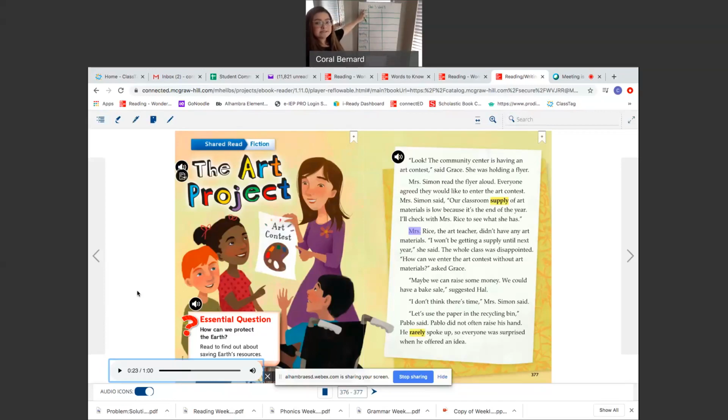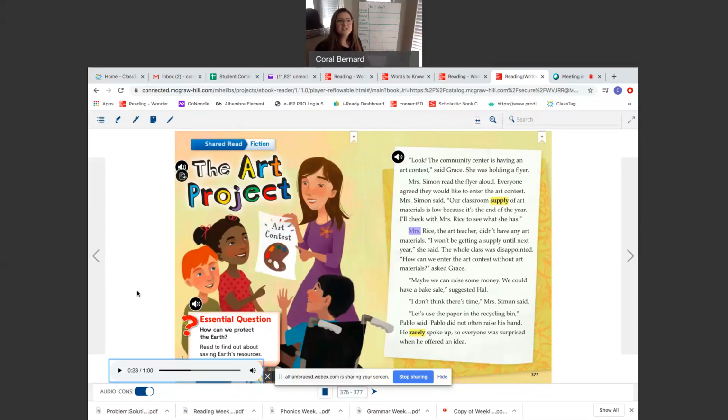So let me find the word supply on my anchor chart all the way at the bottom. I'm going to write the definition in the third column, and my definition will be a collection of materials.